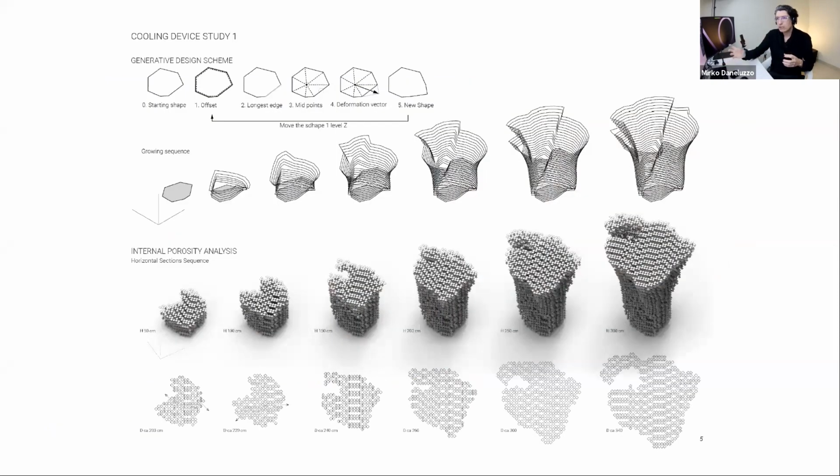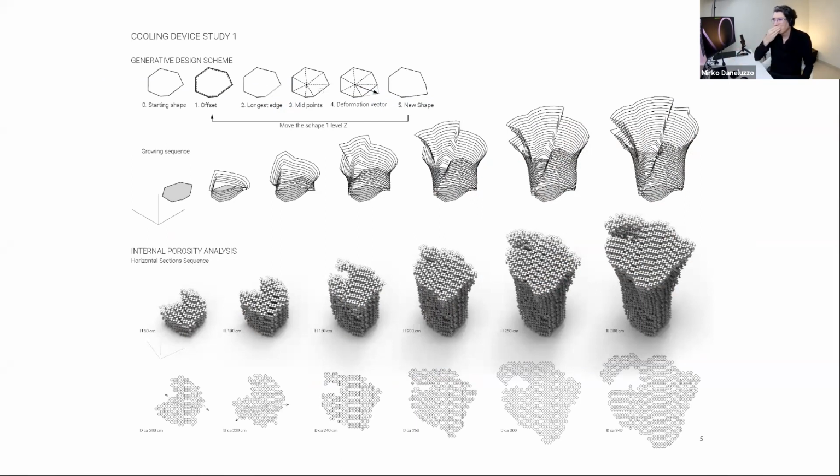And we started to imagine these objects inspired by the fossil dunes. What we wanted to do was create a logic to generate a series of objects that are similar but different.